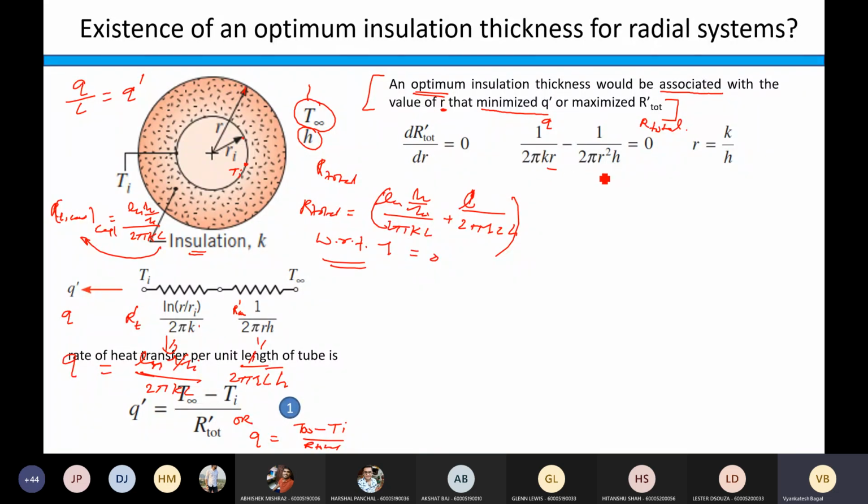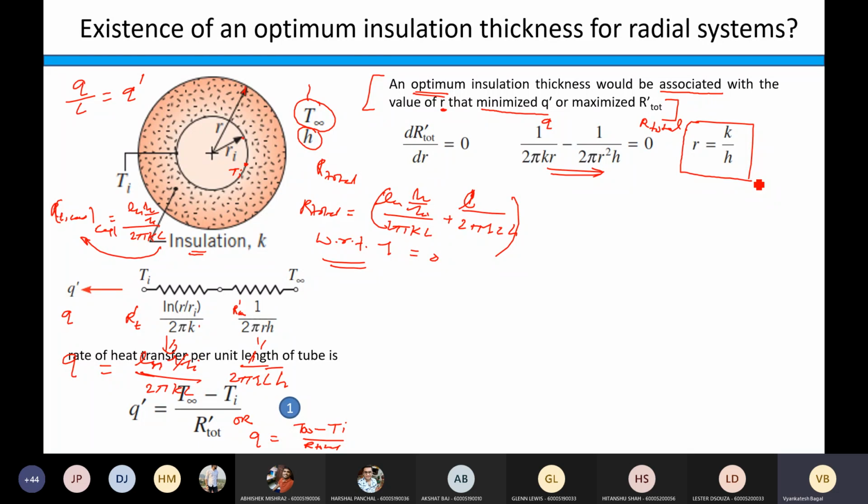If you do that and solve, you will get the expression that r is equal to k by h. So this radius r will be equal to the ratio of thermal conductivity to the heat transfer coefficient h. I have not written all the mathematical steps in between on screen. I will leave it to you to find out.